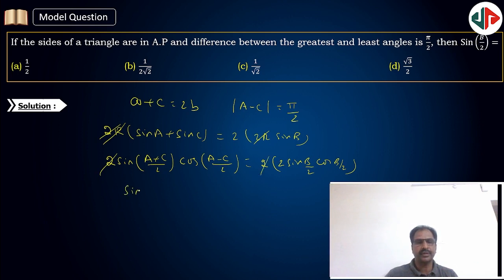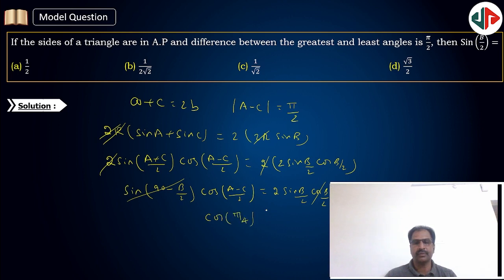And in case of a triangle, (A plus C) by 2 is nothing but 90 minus B by 2, into cos of (A minus C) by 2 is equal to 2 sin B by 2 cos B by 2. Sin (90 minus theta) is cos theta, so these two get cancelled. And A minus C is given as 90, so (A minus C) by 2 is pi by 4.